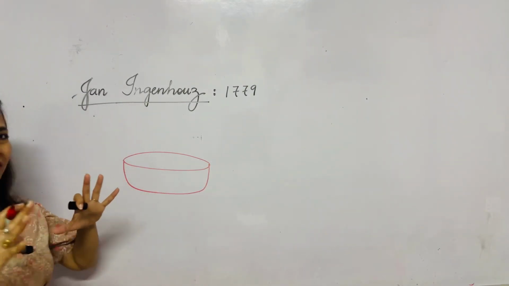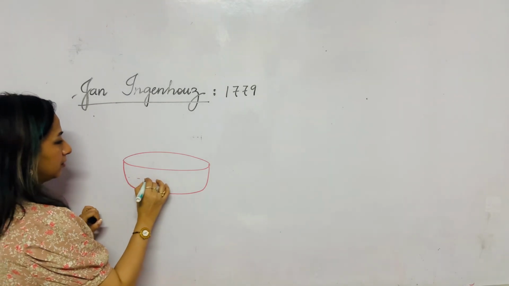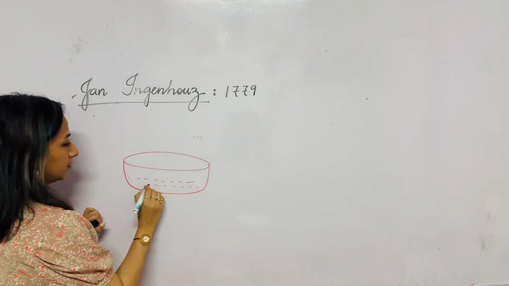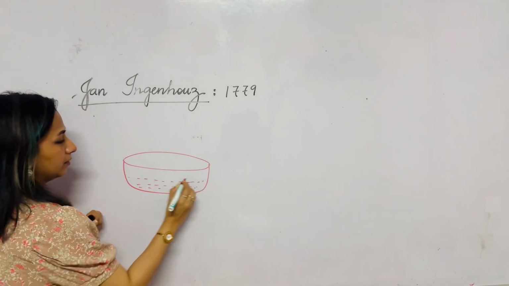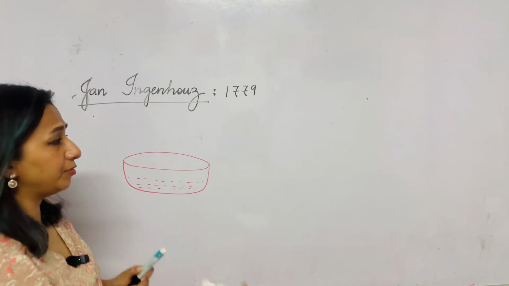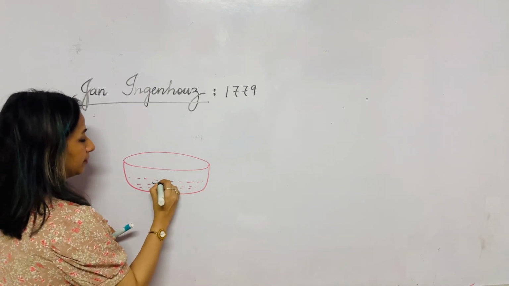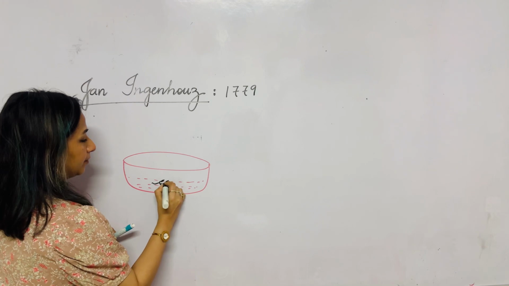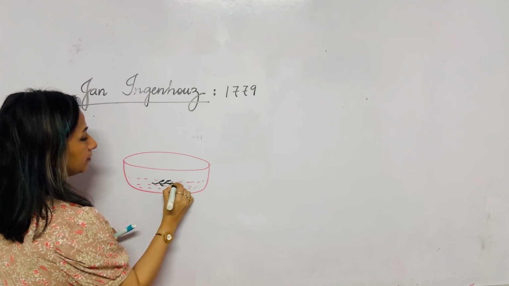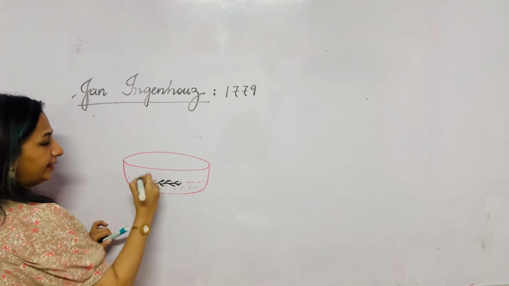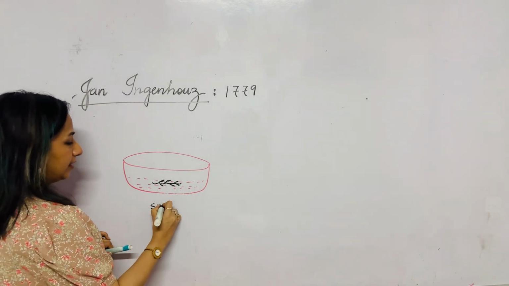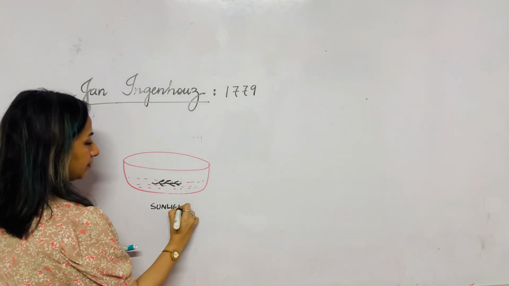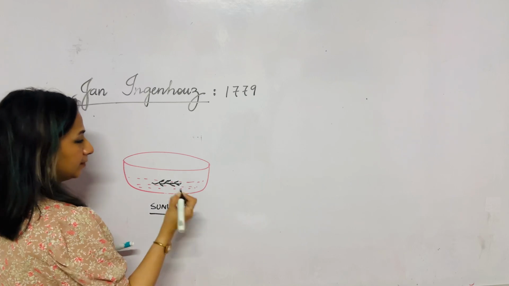He took a bowl with water and he kept a hydrilla plant in it. Okay, and he kept this bowl under sunlight. Clear?